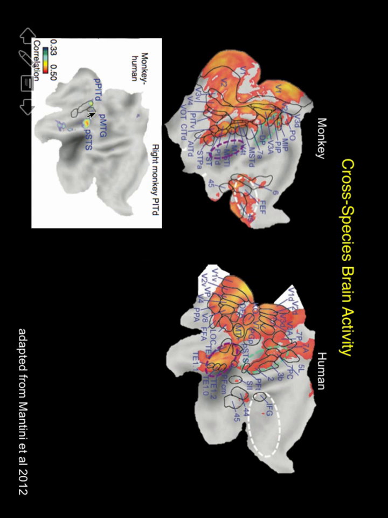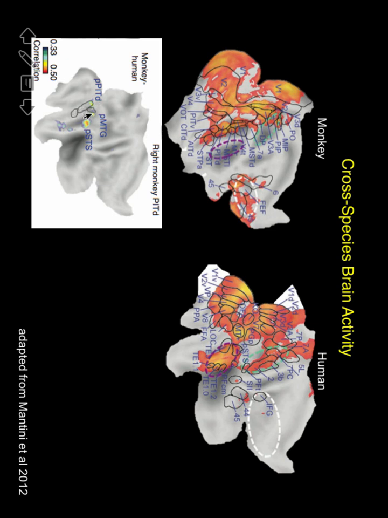Now down here, this is a human flat map. These circles represent the anatomical location where you'd expect the PITD to fall if it was just a scaling up of the monkey brain. So if you scaled the monkey brain to the human brain, this is where you would expect it to fall, right there.